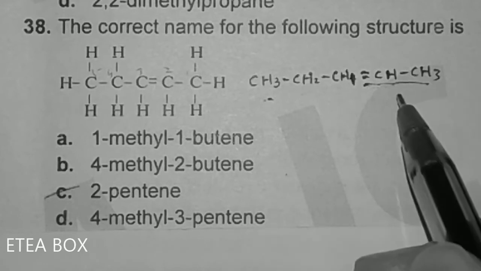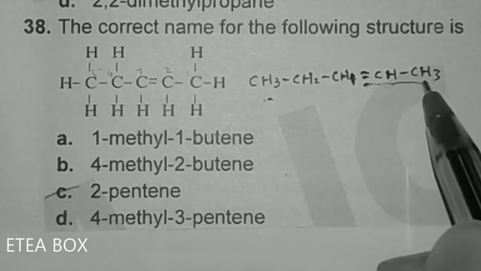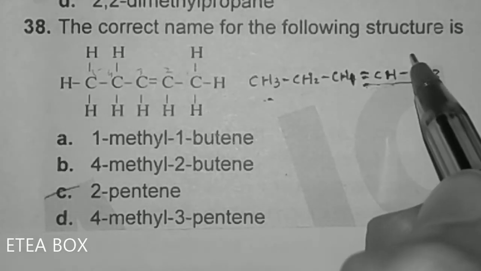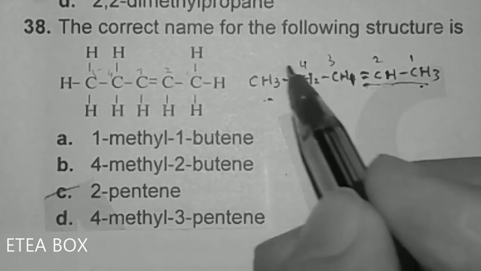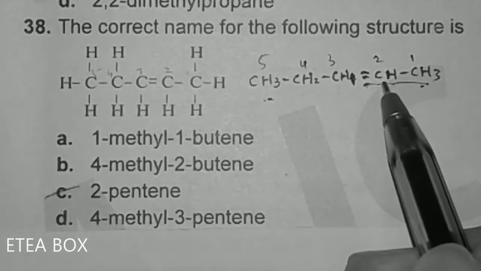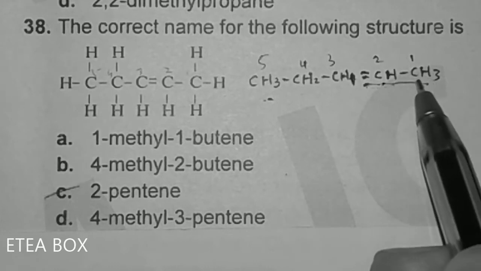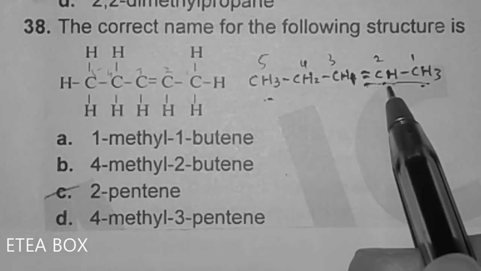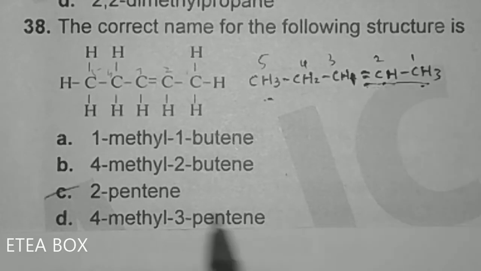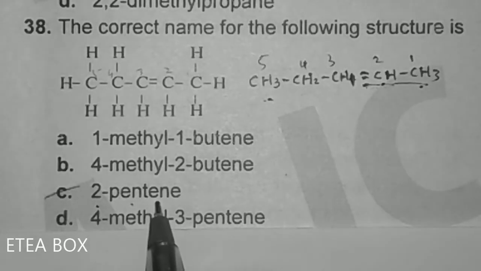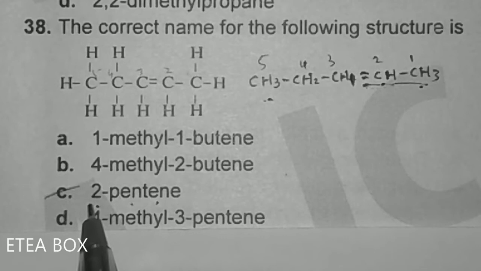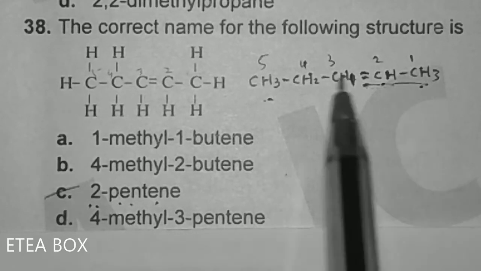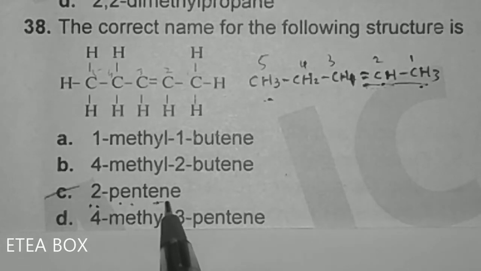The double bond is nearer to this side, so start the numbering 1, 2, 3, 4 and 5. Now the double bond comes on carbon number 2, so this gives pentene, 2-pentene, because the double bond is on carbon number 2. Now look at option C, 2-pentene. 2 means the location of the double bond, pent means the carbon chain contains 5 carbons, and ene means double bond.